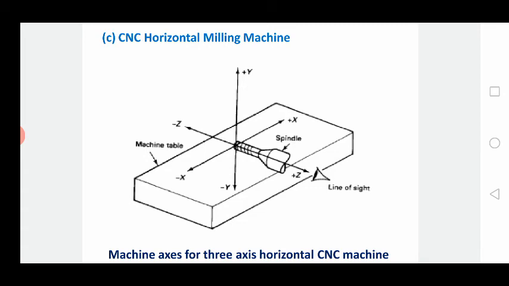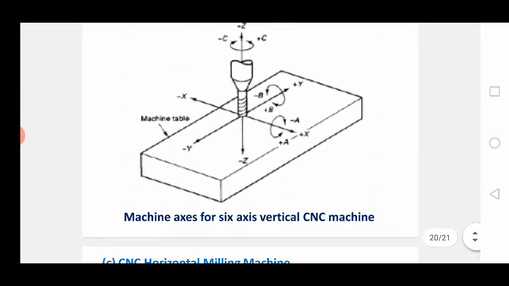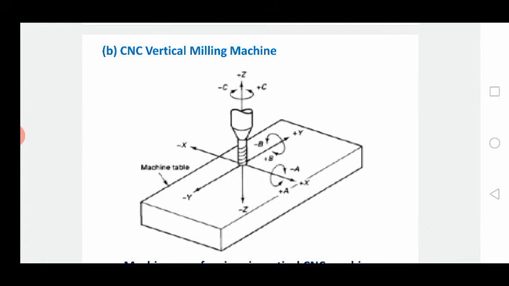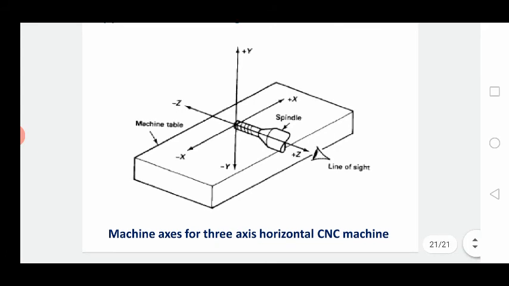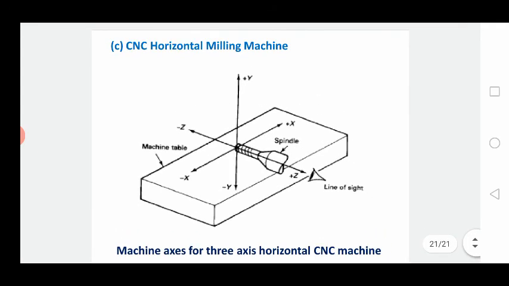So this is how it is defined for the CNC horizontal milling machine. You can just keep in mind how it is defined for horizontal CNC machines and for vertical CNC machines, because along the spindle it is always the z axis. So that is how we define it, based on these three things mainly.